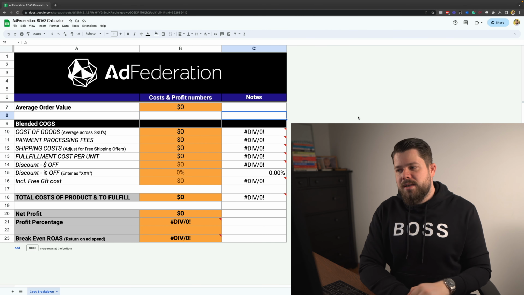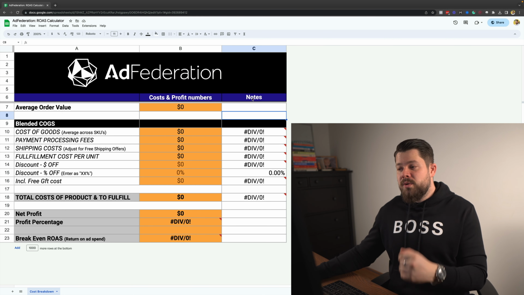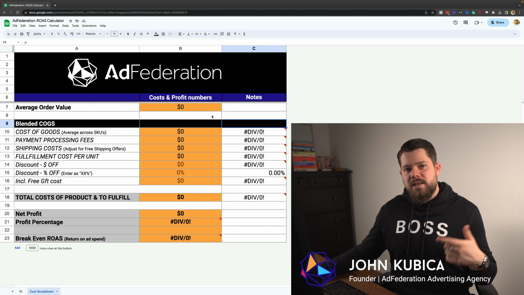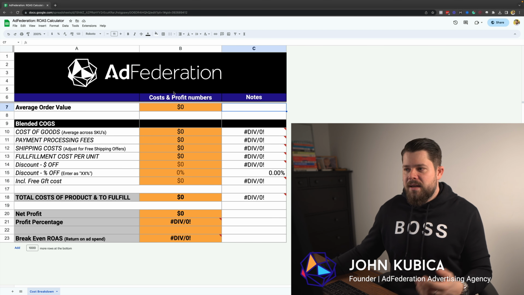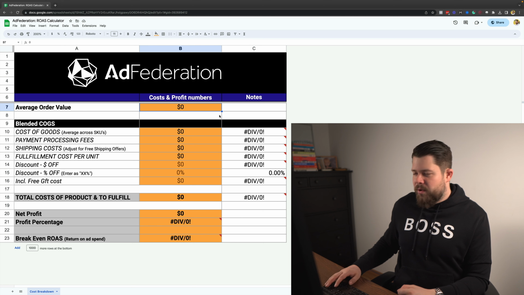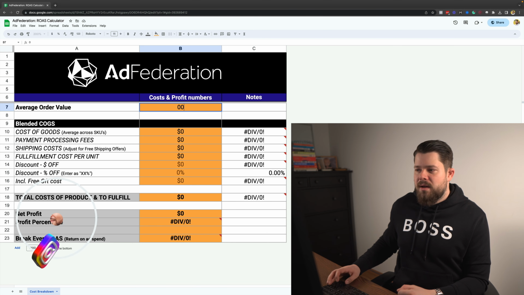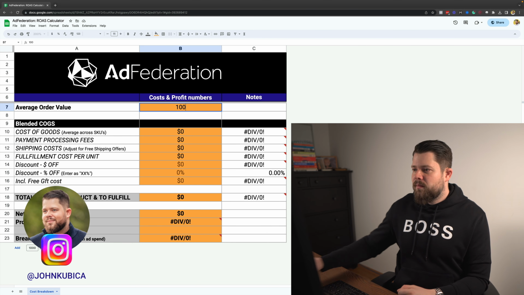Okay, so this is my ROAS calculator, right? And I want to start here because ROAS is one of the most important metrics when it comes to any scaling, any Facebook ads, okay? So let's say that we have a product and that product costs $100, okay?